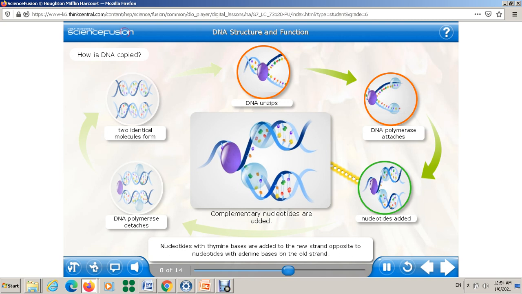Nucleotides with thymine bases are added to the new strand, opposite to nucleotides with adenine bases on the old strand. Nucleotides with guanine bases are added to the new strand, opposite to nucleotides with cytosine bases on the old strand. Nucleotides with cytosine bases are added to the new strand, opposite to nucleotides with guanine bases on the old strand.